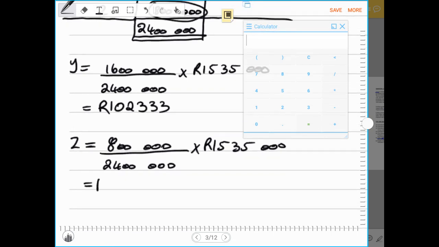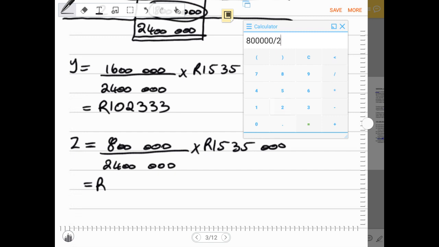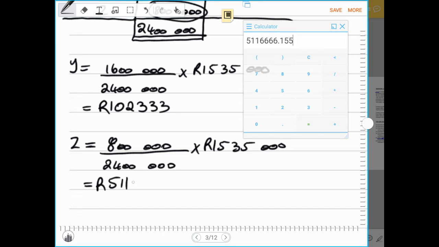Then this will give us the joint cost allocated for product Z: 800,000 divided by 2,400,000 units, times 1,535,000, and this will give us 511,666.